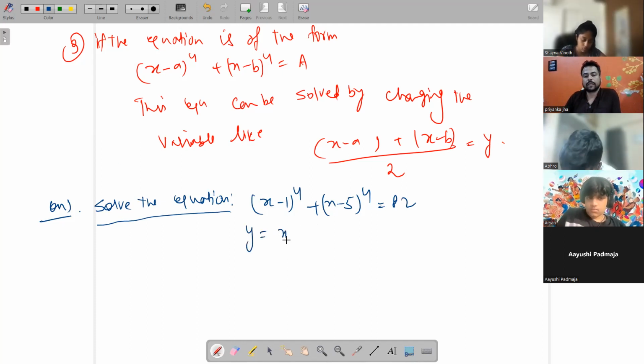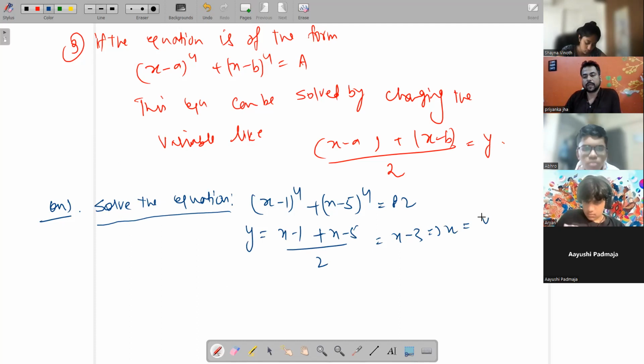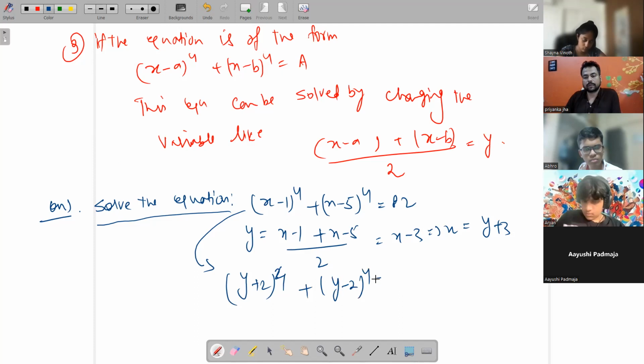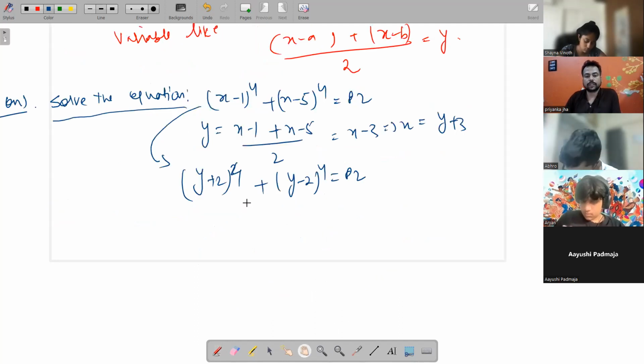So y can be written as x minus 1 plus x minus 5 by 2. So from here, x minus 3. So you just replace x by y plus 3. Put x equal to y plus 3 over here. So this will be y plus 2 power 4, and this will be y minus 2 power 4 equal to 82. Now you just open this.